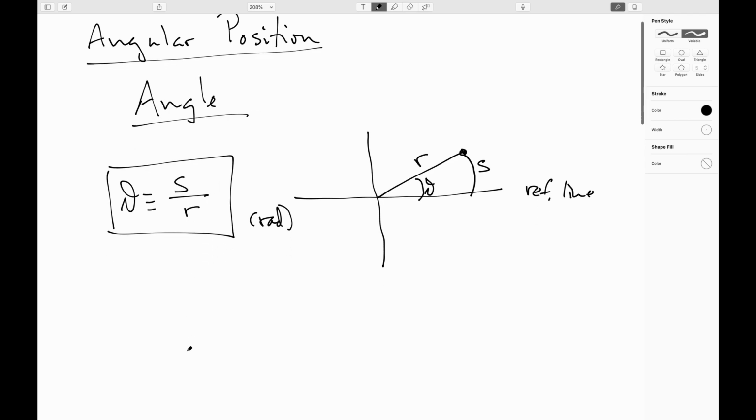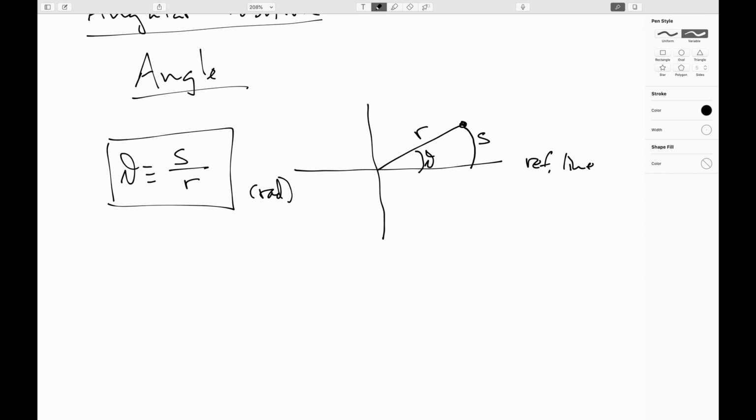Okay, so one thing that physicists need to do, though, is we have to keep track of the history of the motion of something. So our angles have a turn counter. So for instance here, if this is my reference line, this angle right here would be pi radians.